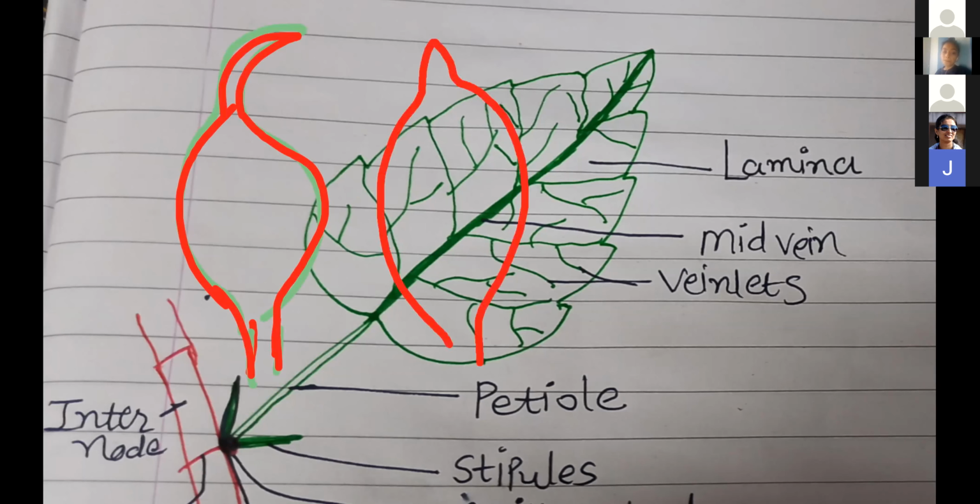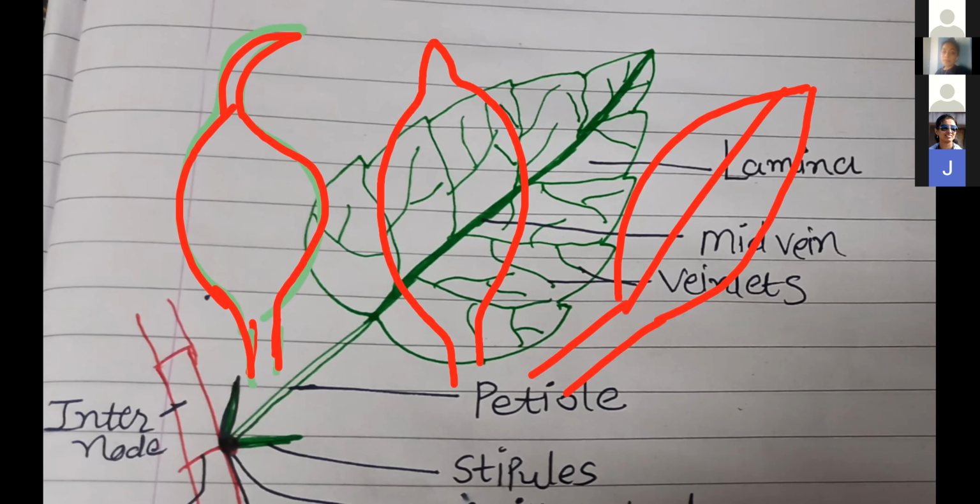Then the neem leaf, sweet neem and bitter neem: sweet neem has a smooth surface, and in the bitter neem this type of margin is present. So in leaves, we can observe variations in their shape and in their margin.